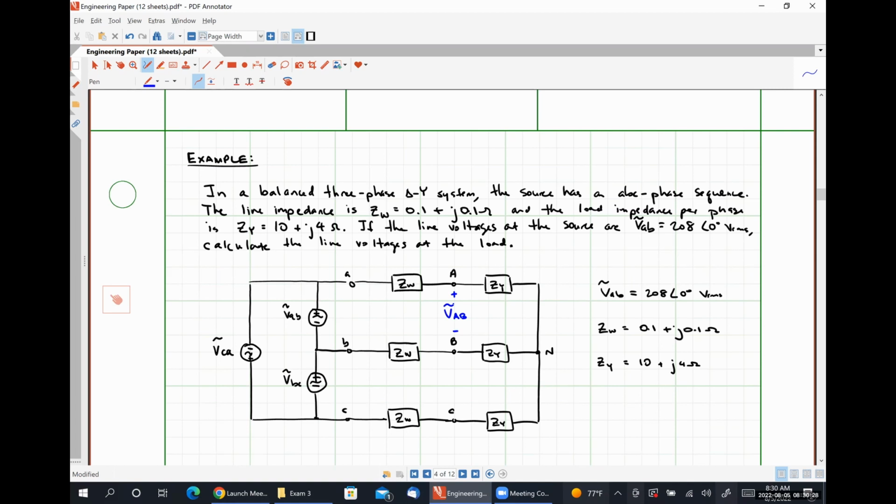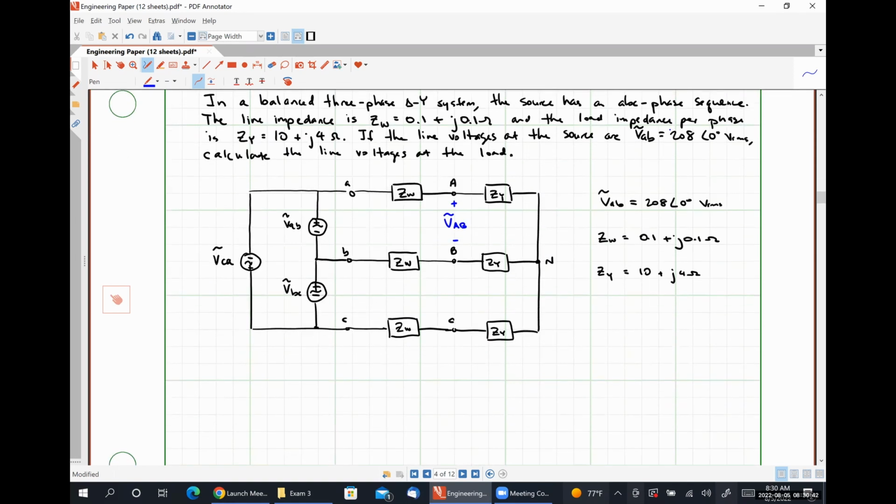Since this is a delta-Y system, in order for us to use our single phase equivalent circuit, we need to transform our delta source to a Y source. We're not going to physically write out the full source, we're just going to do the math. We know that the A phase of our Y connected source should be the A phase of our delta connected source divided by root 3 angle 30 degrees.